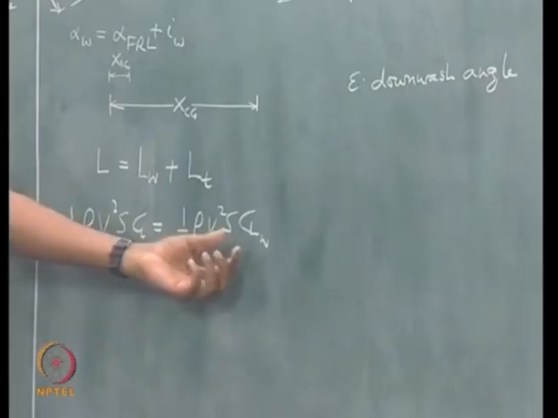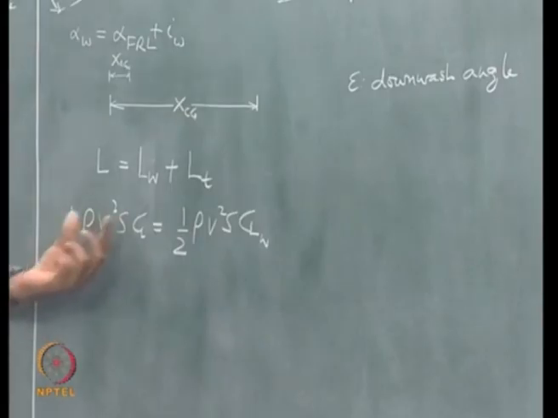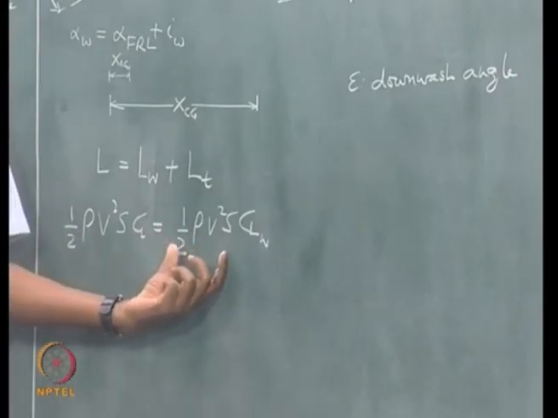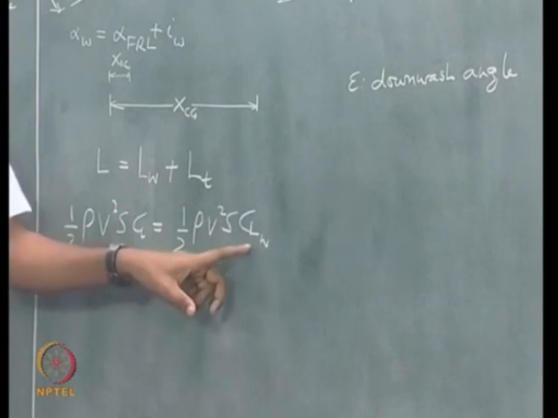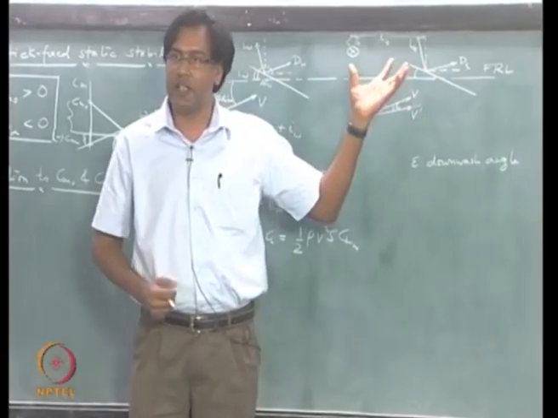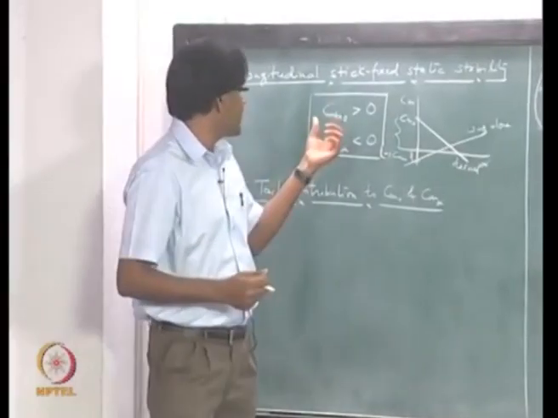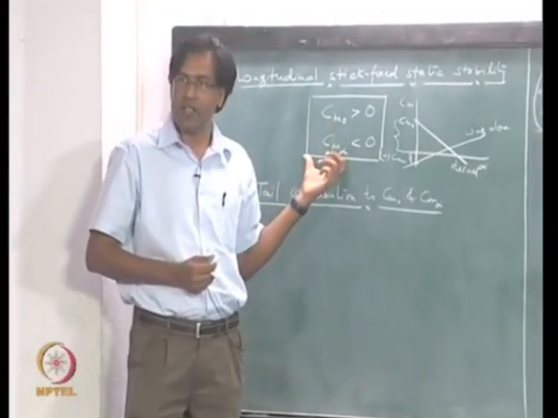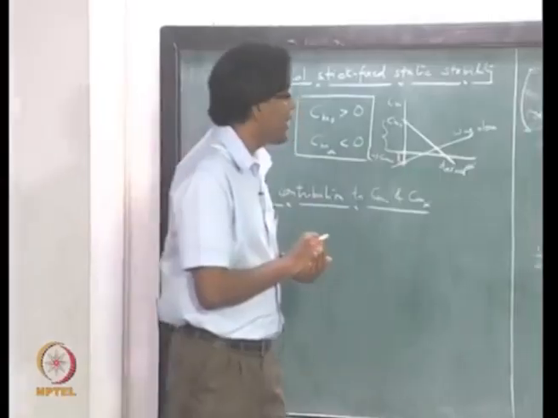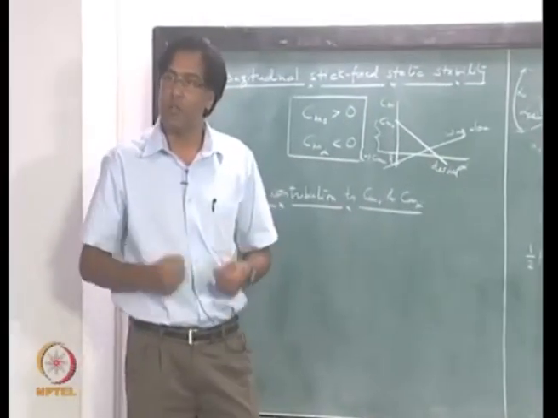Now I am adding a CLW here. These quantities are going to be same, but I am adding a CLW here because I am not using the tail to produce a lift, right. Tail is being used to change Cm naught and Cm alpha, right. That is the only objective why we are using the tail, for stability and control purposes, not to produce lift.